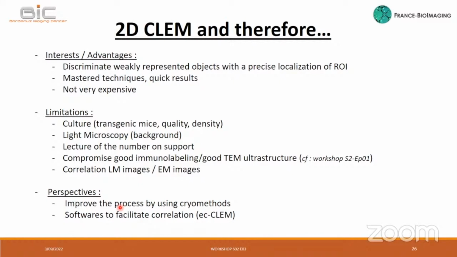So it's difficult to correlate precisely the same region. And of course, when you would like to combine immunolabeling and ultrastructure, you must make some compromise to obtain the best results.